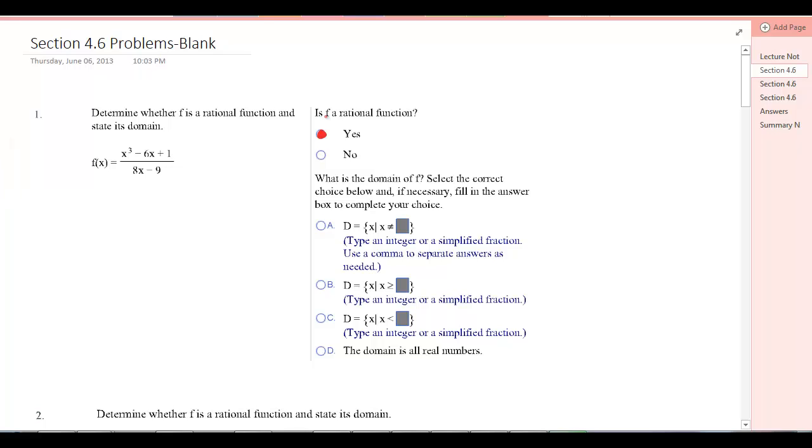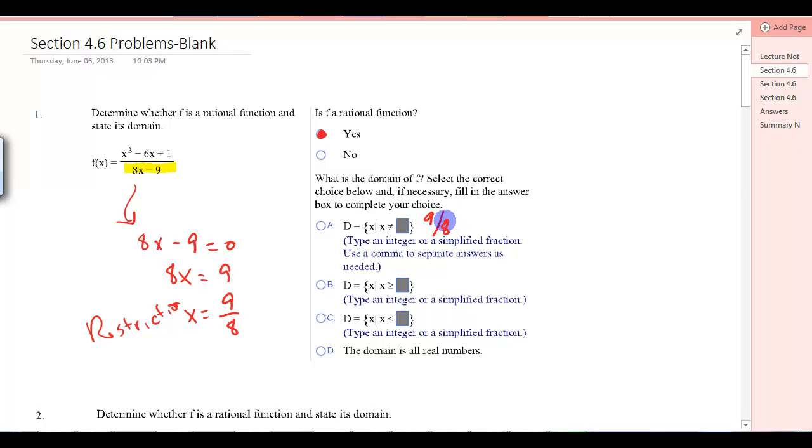To find the domain, remember that we take the bottom and set that equal to 0, and we solve that. And so this is our restriction. So right here we can say all x such that x not equal to 9/8. We're going to put that right there.